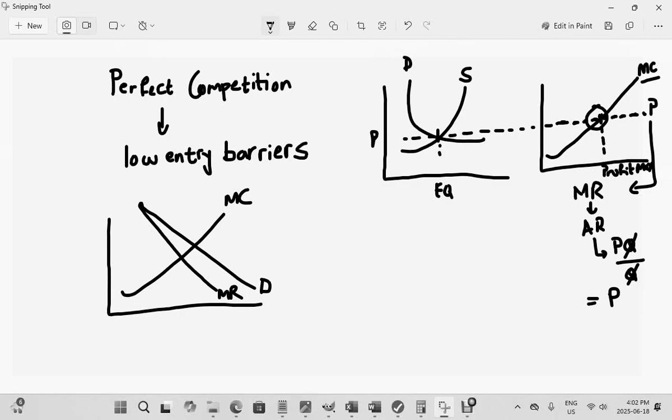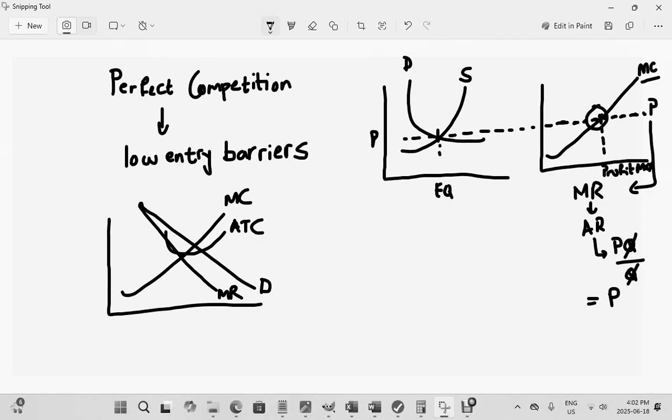Apart from that, your average total cost curve will be a curve that will merge with your demand curve, something like this. And right over your average total cost curve, your ATC, you have your MC.